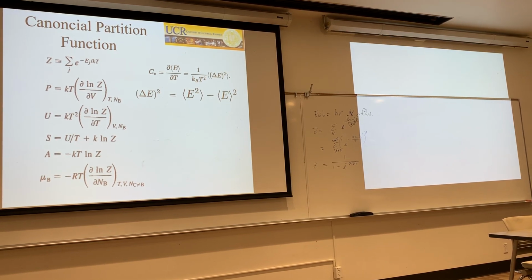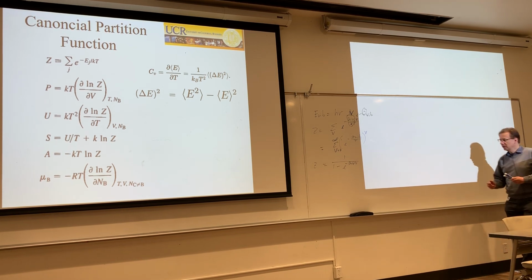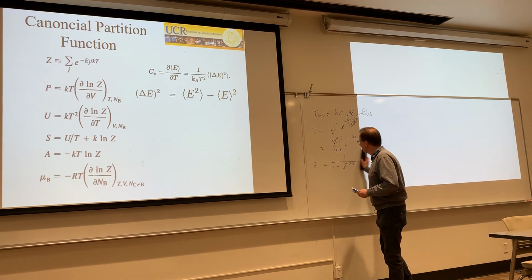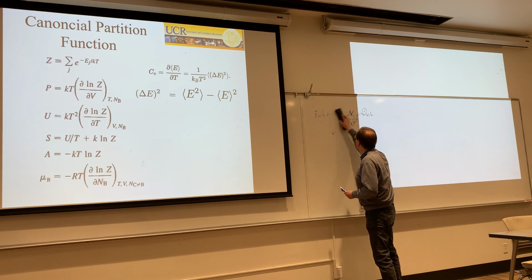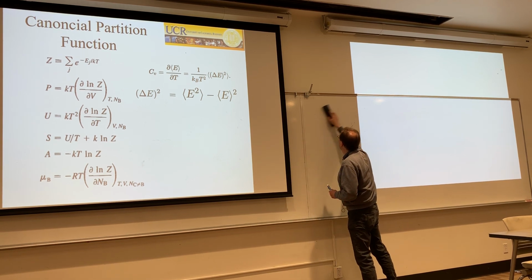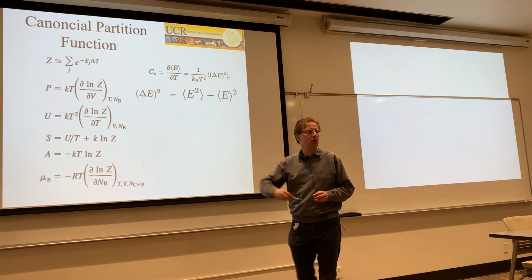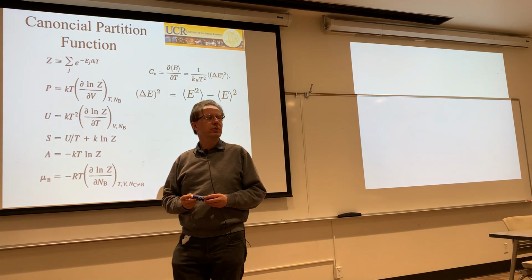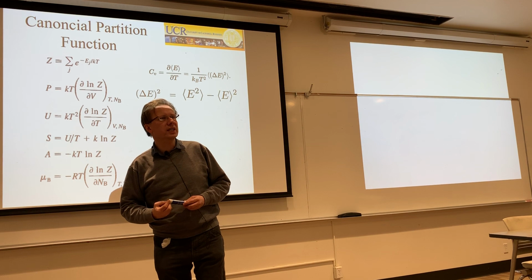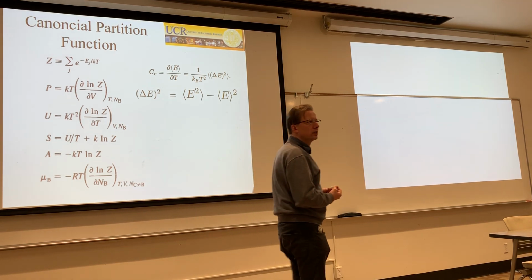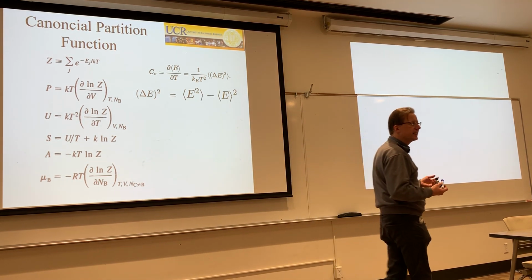What we see on the left-hand side here, we never really talked about what is going on if I have the translation states. We said, oh, we use gas theory, correct? We never figured out what is Z, the canonical partition function, for the translation, for the kinetic energy.